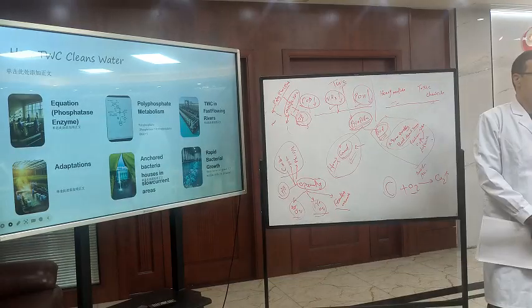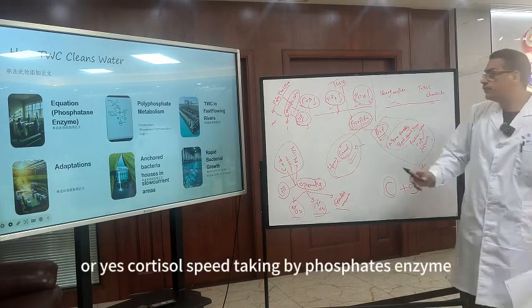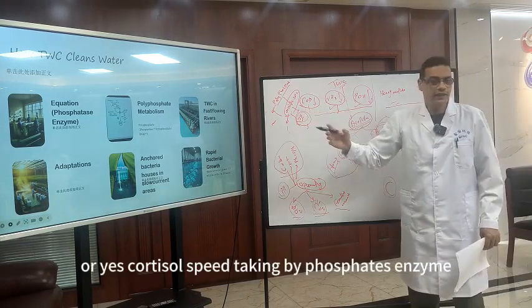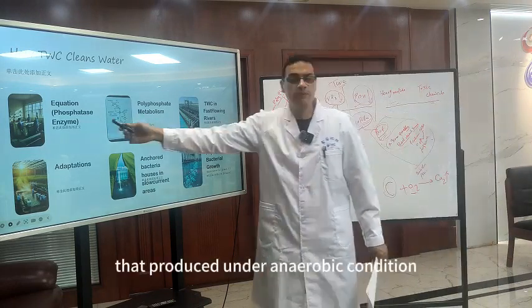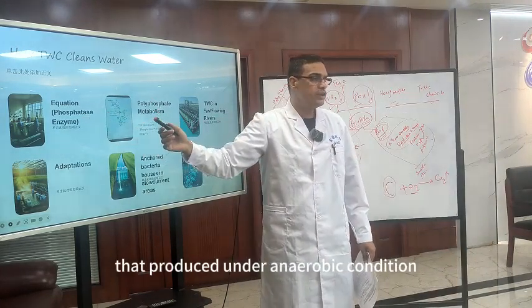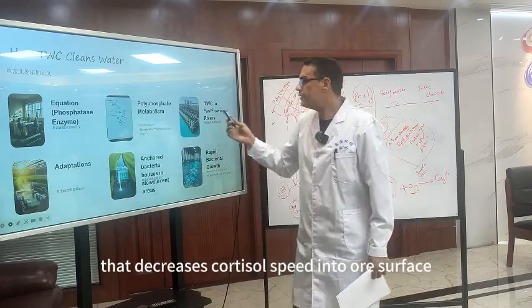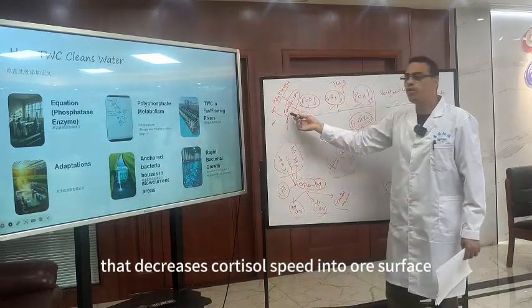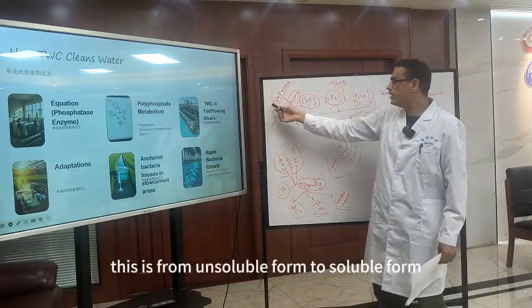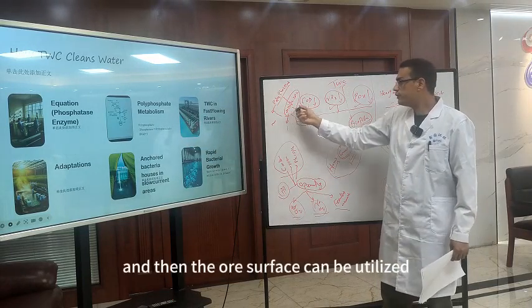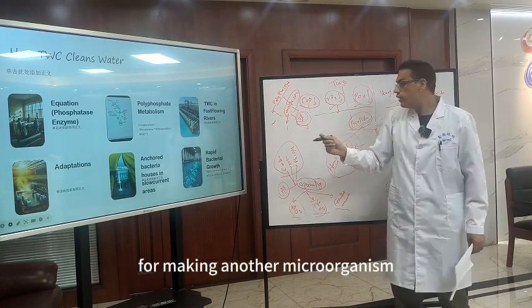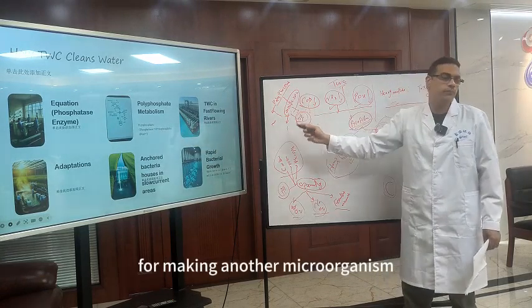For the microbes, polyphosphate is taken by the phosphatase enzyme, produced under anaerobic conditions, that breaks this polyphosphate down into orthophosphate. This is from the insoluble form to the soluble form, and then the orthophosphate can be utilized for making another microorganism.